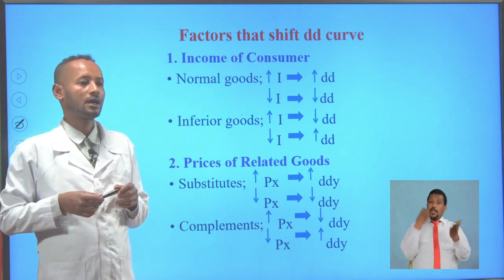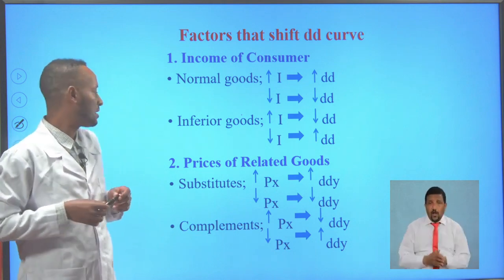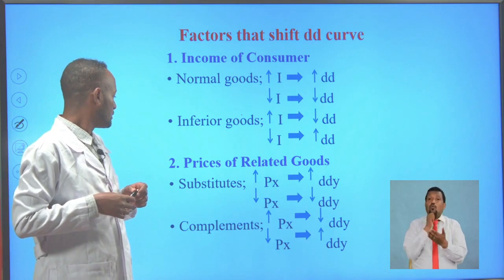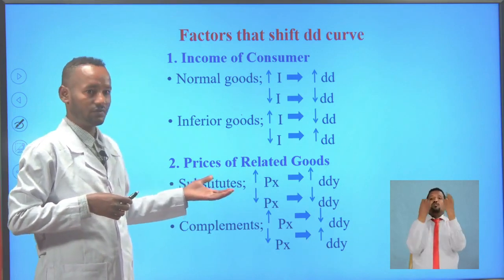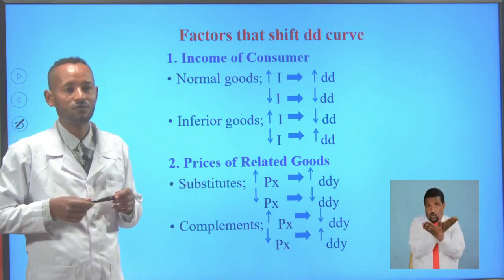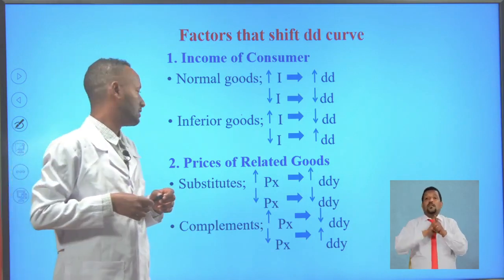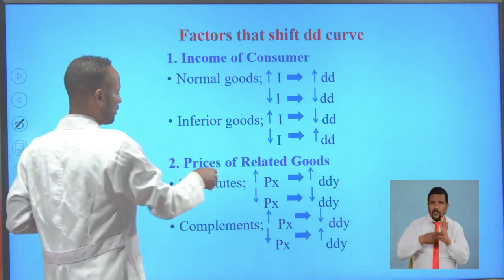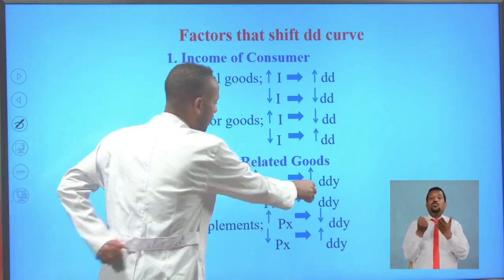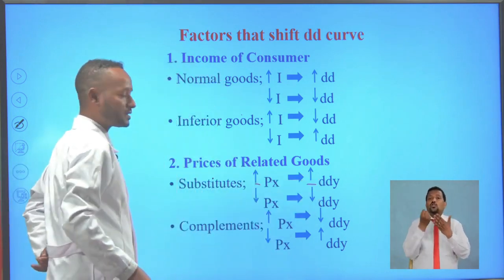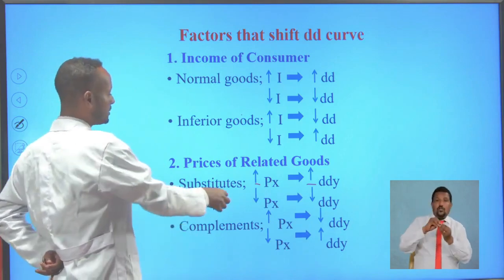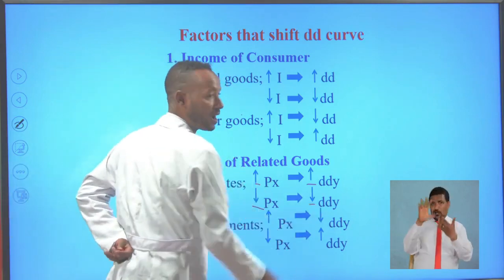In economics, we can identify whether goods are substitutes or not using this information. If two goods are substitutes, the price of one product and the demand for the other are directly related. That means as the price of commodity X increases, the demand for commodity Y will also increase, and with a fall in the price of commodity X, the demand for commodity Y will decline.